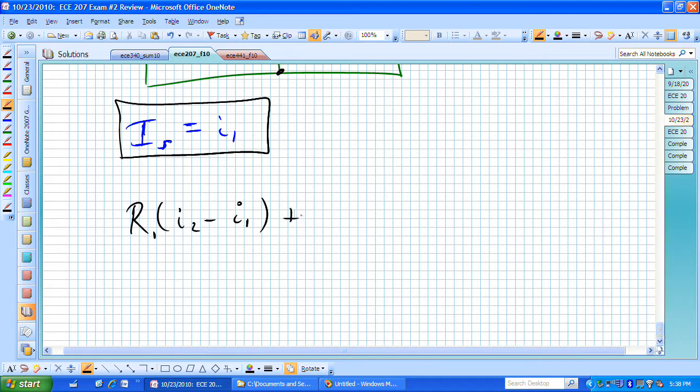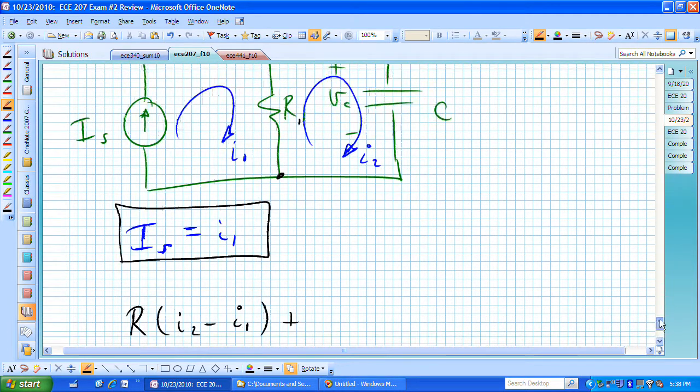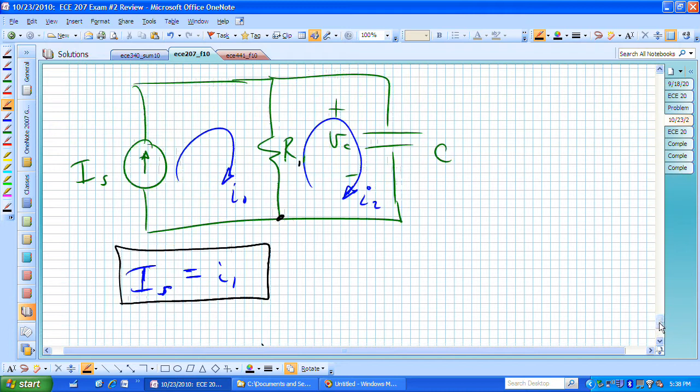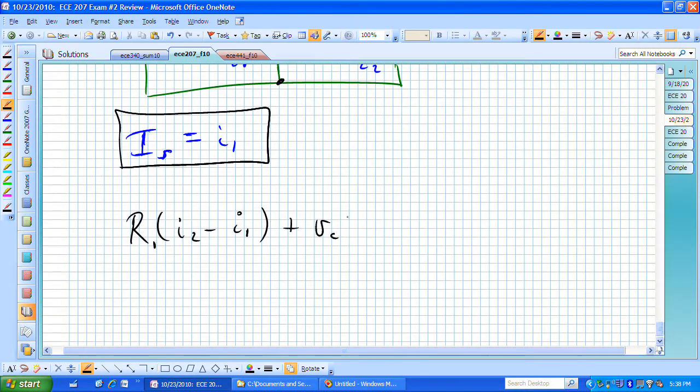And now we want to write the equations in terms of the capacitor voltage, and instead of trying to say, oh, well, that must be some integral, let's just say that that's plus V sub c of t, and that's equal to 0. That's KVL at the second loop.